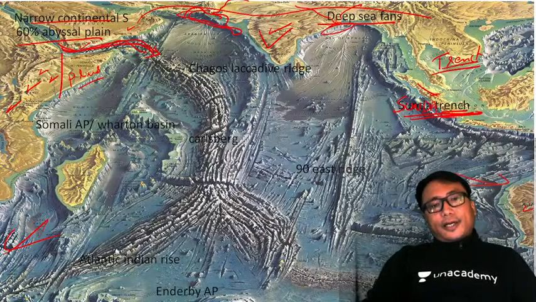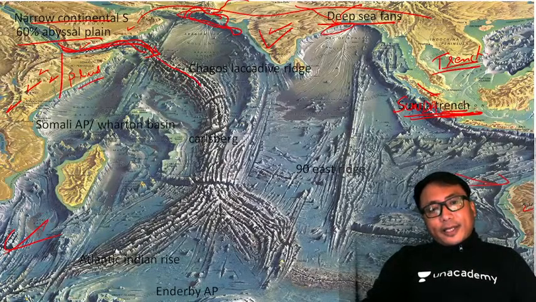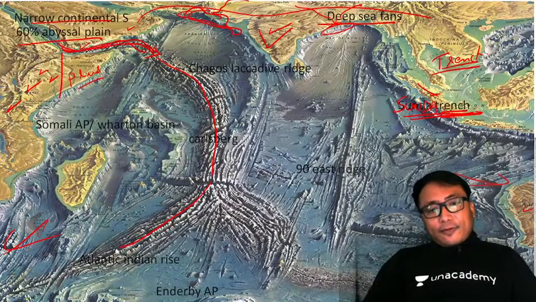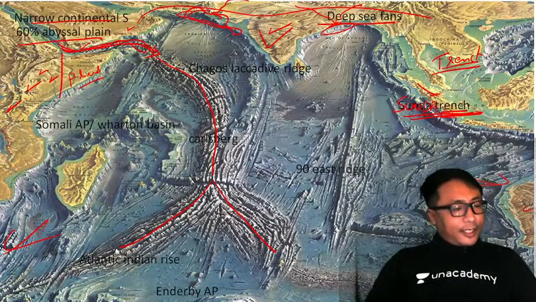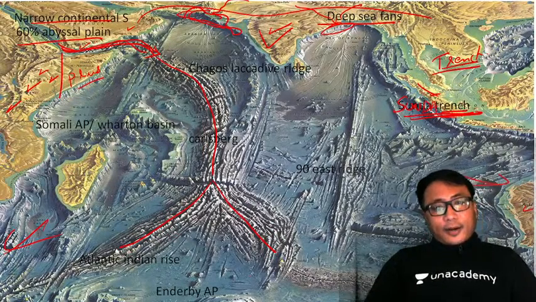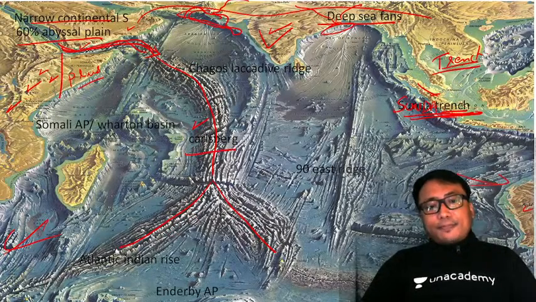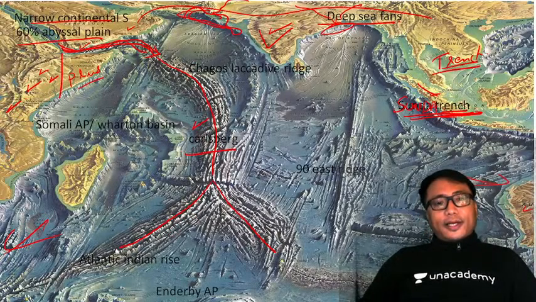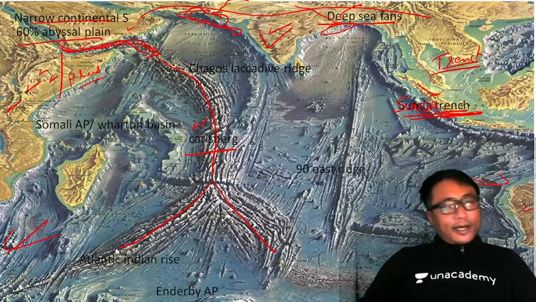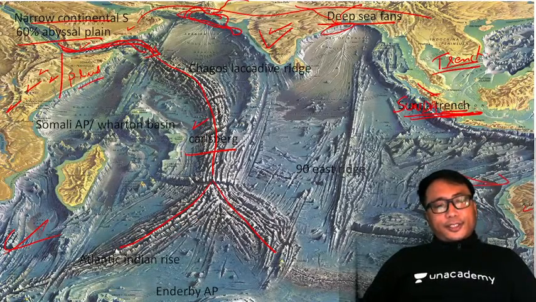Now you see here, it comes down like this. It forms an inverted Y shape. This particular upper part of the ridge is known as Carlsberg Ridge. Carlsberg, C-A-R-L-S-B-E-R-G.